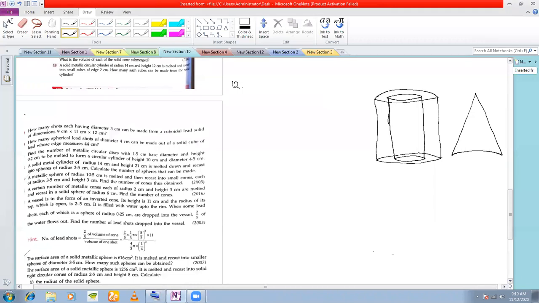This hollow cylinder is getting converted to a solid cone actually. So let's see now what information is given here.